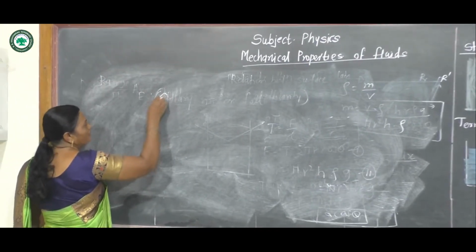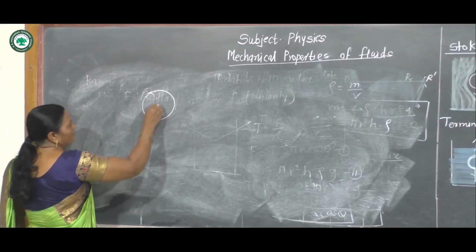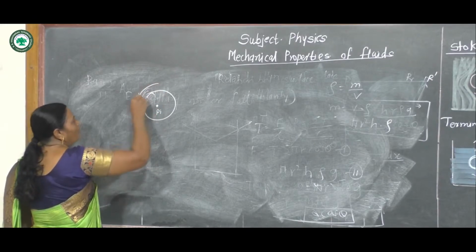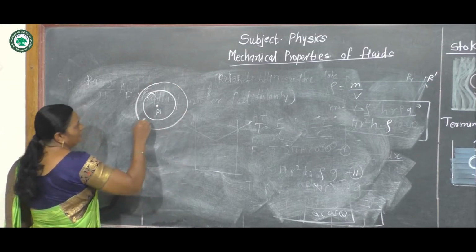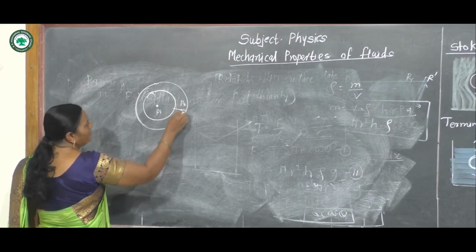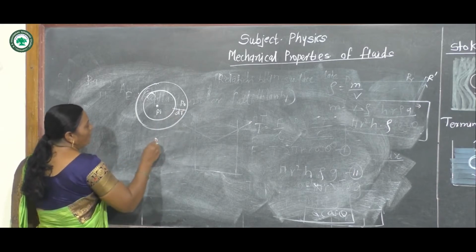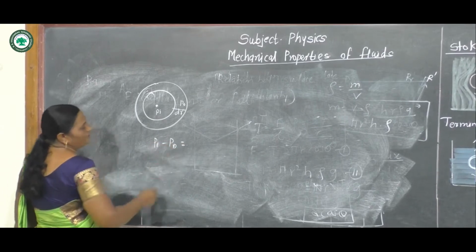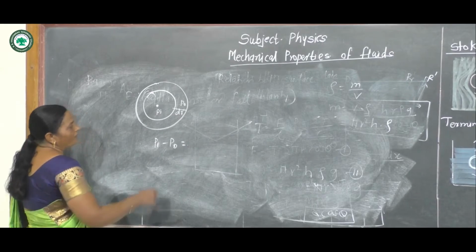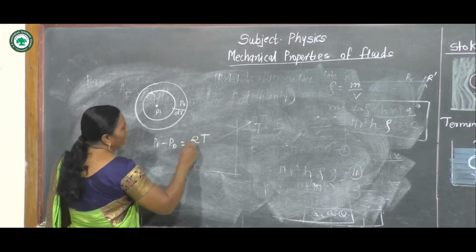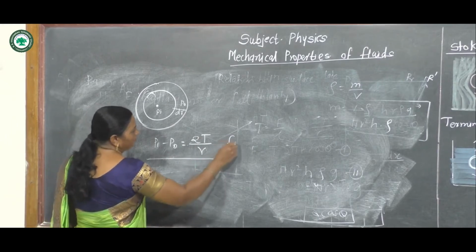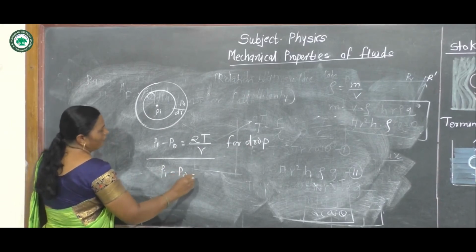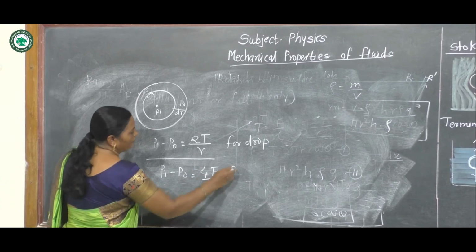Suppose this is the drop, Pi is the inside pressure and Po is the outside pressure, and the thickness is dr. Therefore, Pi minus Po is the excess pressure, and it is equal to 2T divided by R for a drop, and Pi minus Po equals 4T divided by R for a bubble.